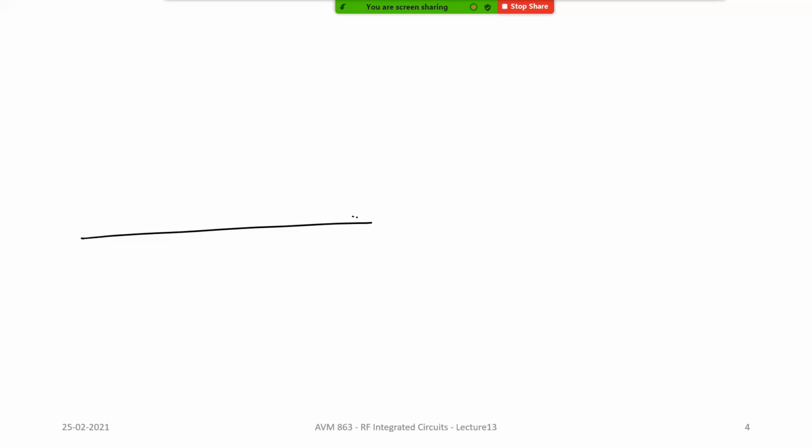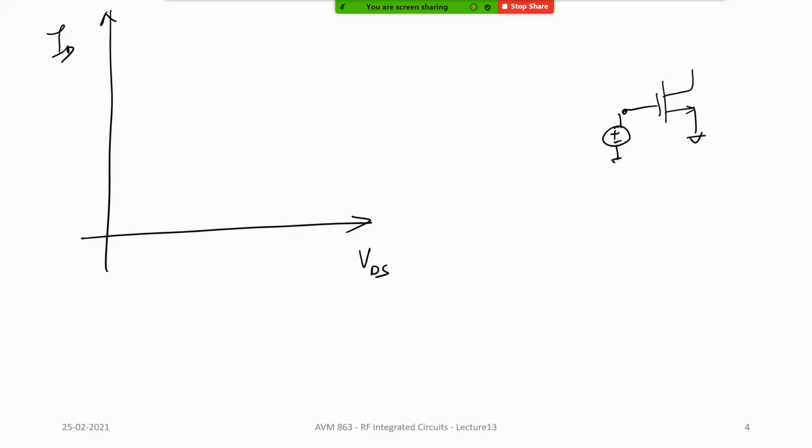operation. Now the current is going to depend on the VDS, ID. So the setup for this is something like this. Let's say you give a certain VGS, let's say some 0.45 or something like that. And now what you are going to do is sweep the drain to source voltage. When the drain to source voltage is 0, you don't have any current flow.